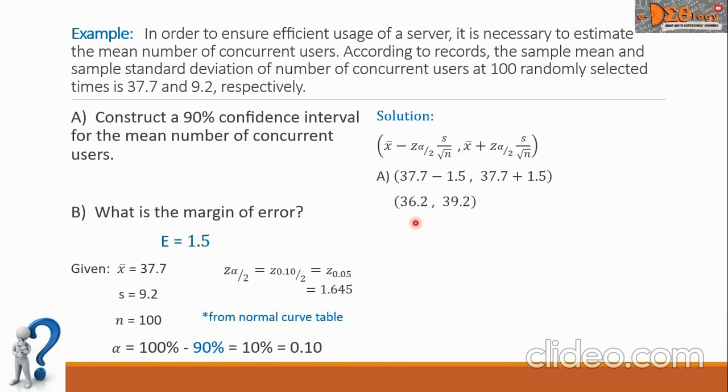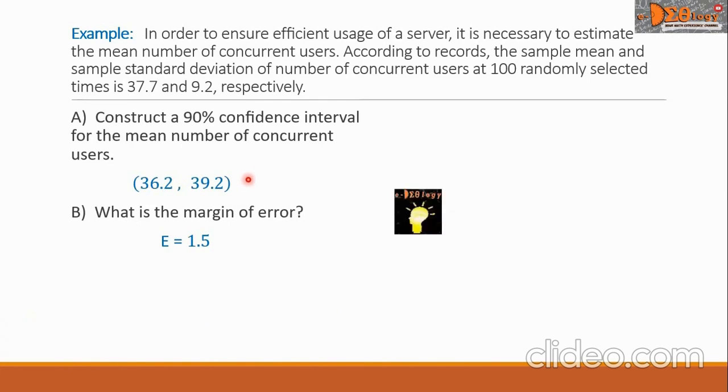Simplifying further, we have now the exact value for the lower limit to be 36.2, and the upper limit is 39.2. This is the confidence interval, and this is the answer for problem A. So we are able to write our answers for this example A and B.